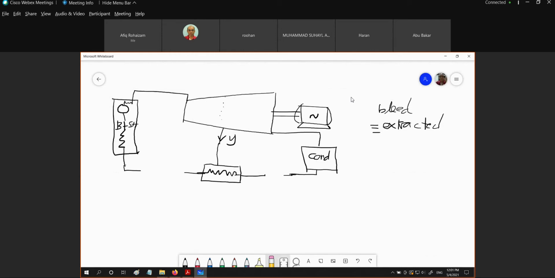Okay, it should be our feed water heater. After the pumping process, then only we go to the feed water heater. Sorry, this is the feed water pump. This is the feed water pump. So this is our feed water heater.